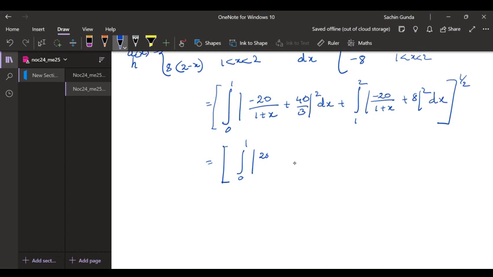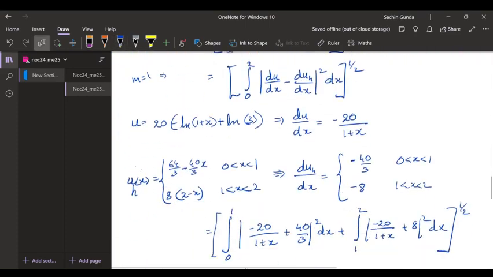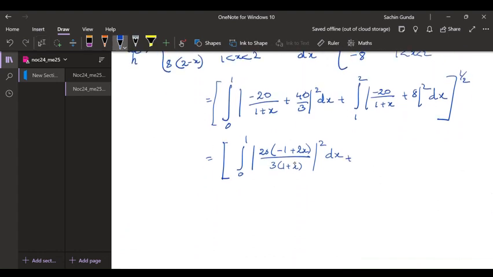You can just take 20 common: minus 3 plus 2 minus 1 plus 2x divided by 3 times 1 plus x, whole mod, whole square dx, plus from 1 to 2, divided by 1 plus x, 8 minus 20 is minus 12 plus 8x, whole square dx, power 1 by 2.